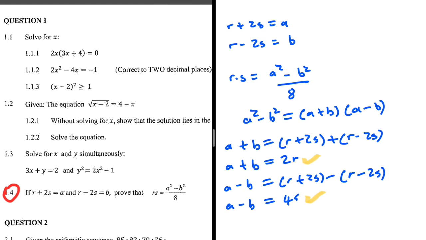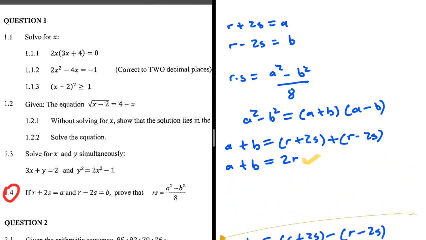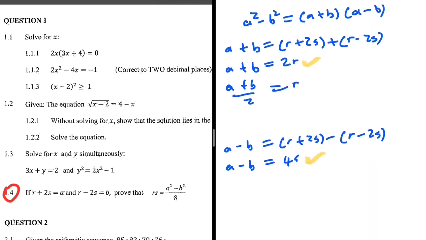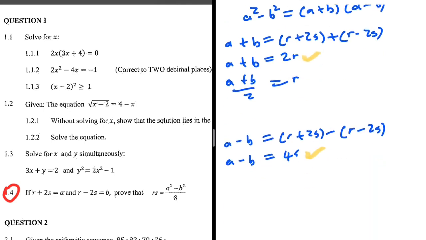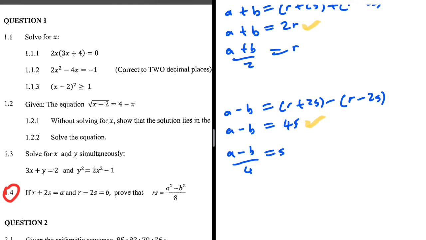If in this equation we make r the subject of the formula, we get a plus b divided by 2 being equal to r. And then in this equation, if we make s the subject of the formula, we get a minus b divided by 4 being equal to s. So r multiplied by s will be equal to a plus b over 2 multiplied by a minus b over 4.